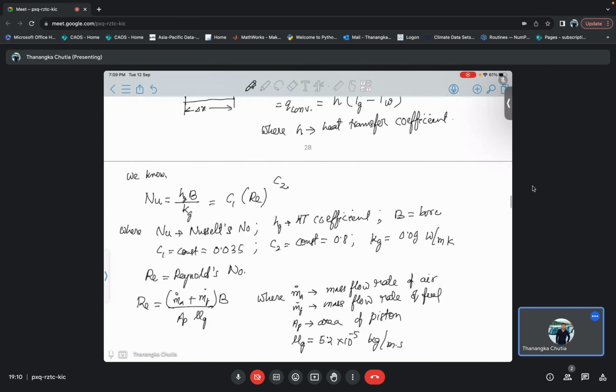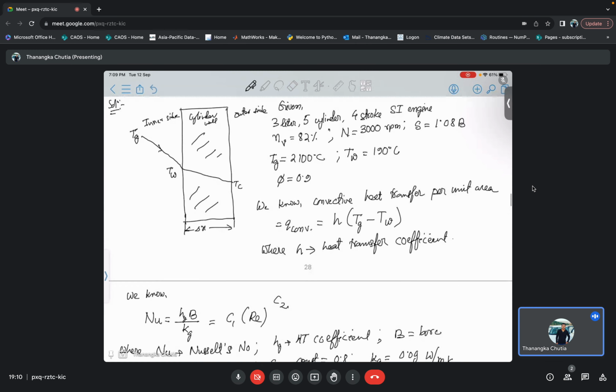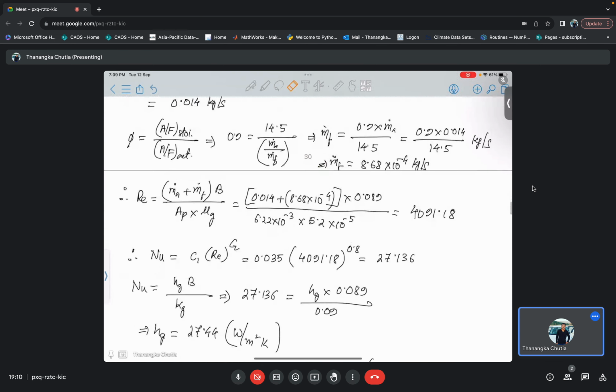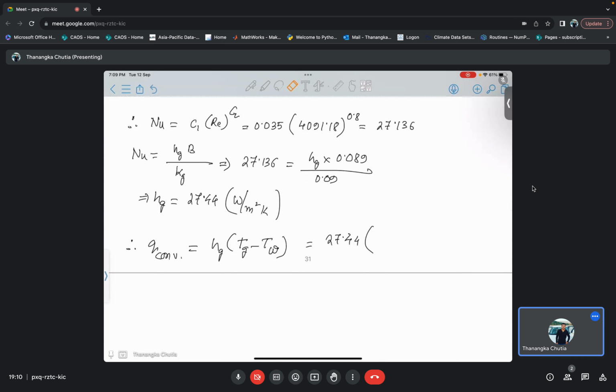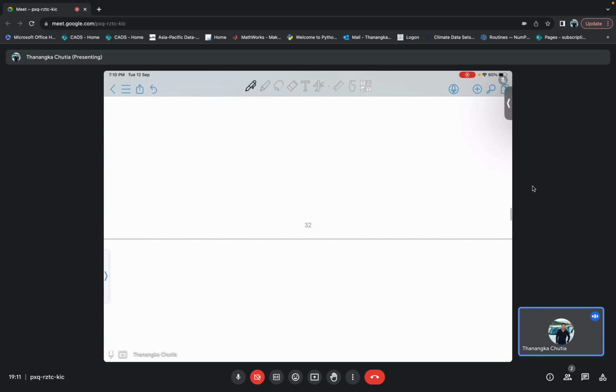So this will be 2100 minus 190 watt per meter square. 27.44 into 2100 minus 190, so you'll get your answer as 52.410 kilowatt per meter square. Okay, fine. So let us go to the next question then.